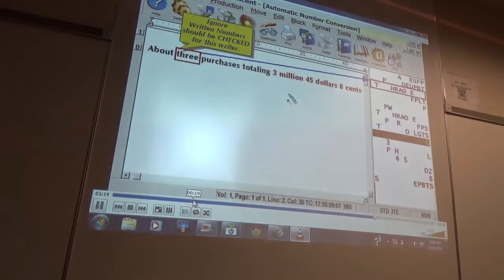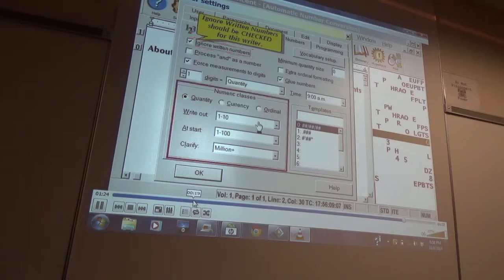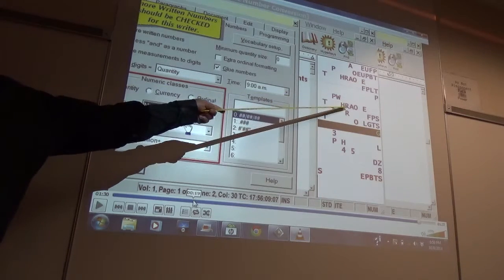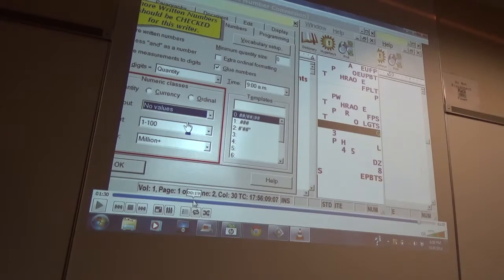This number bar user uses word strokes to indicate when a number from 1 to 10 should not be in digits. So ignore written numbers is turned on, and Eclipse is not being asked to write out any values. You understand what it's telling you there on the no values? When you write it out, it's always going to write it out. When you put the numbers, it's always going to put the numbers. Okay?